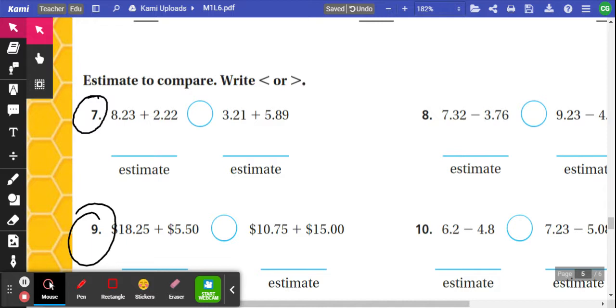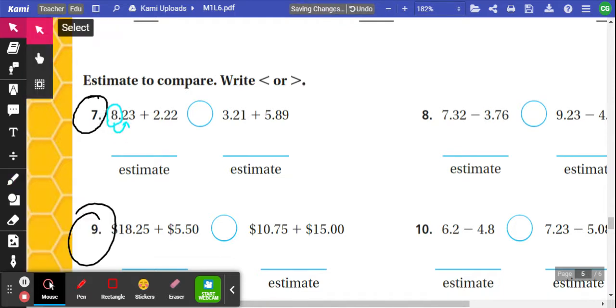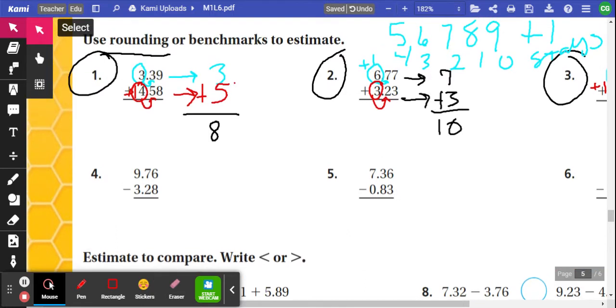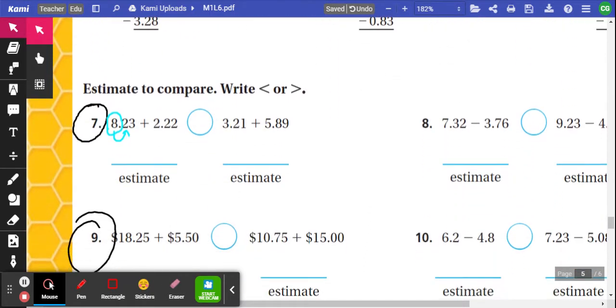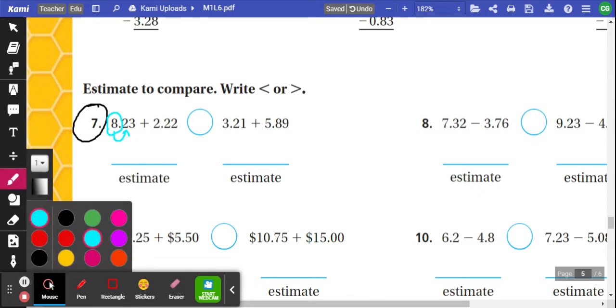So I'm going to round to the nearest whole number again. So I have my 8, moving over to my right side, just what we just talked about. I know that the 2 says, oh, my number is going to still stay the same. So I'm going to keep this as an 8, plus my next number, 2 and 22 hundredths.